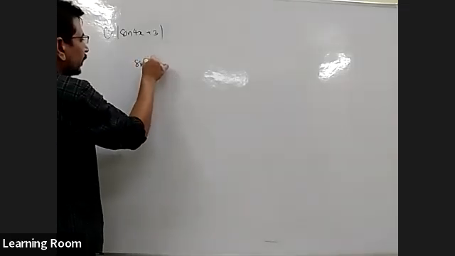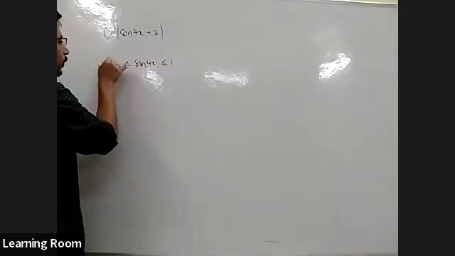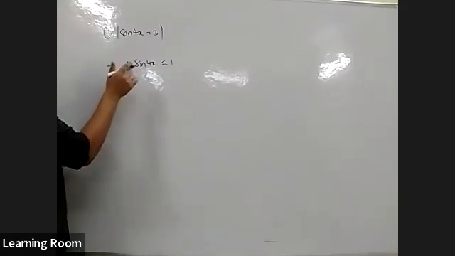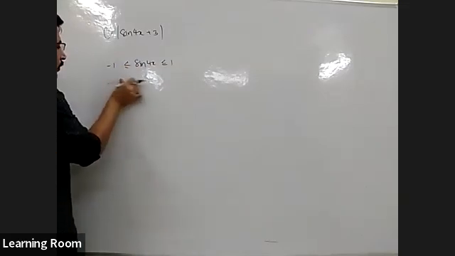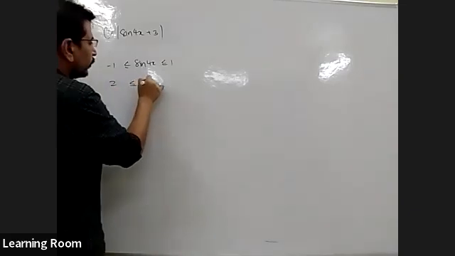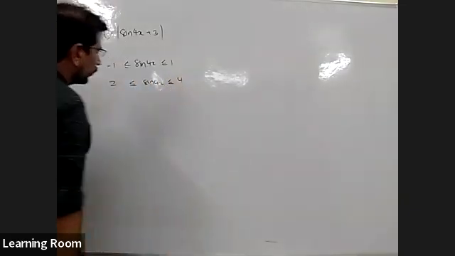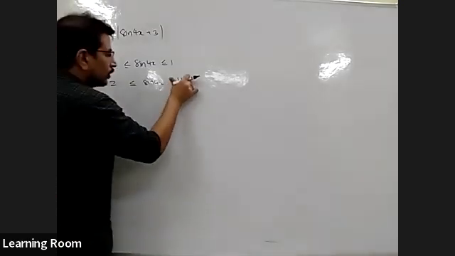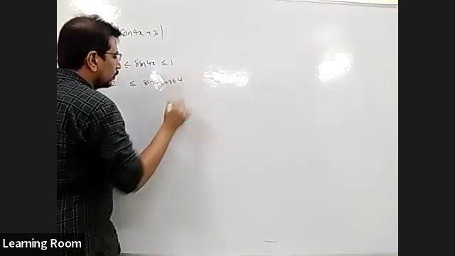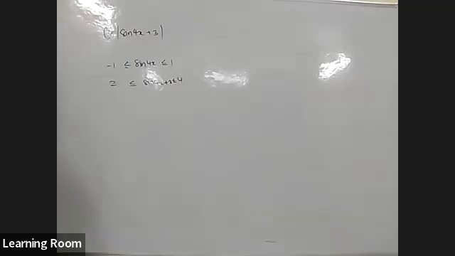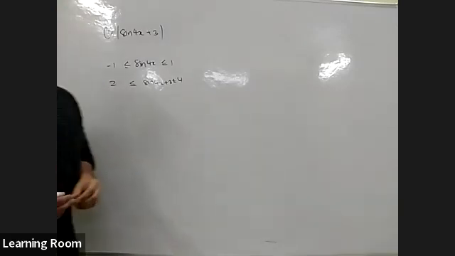Because you would have done sin 4x is less than or equal to 1 and greater than or equal to minus 1. You added 3 on both the sides: 2 less than or equal to... Is this what you wrote? Okay. And actually, sin 2x more it is possible. These are the values, correct?